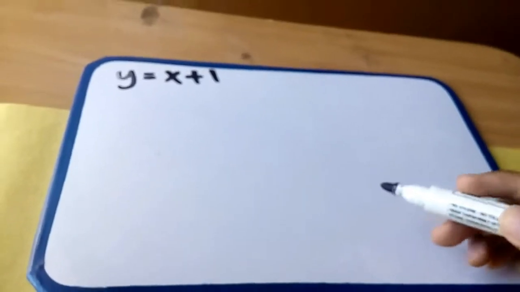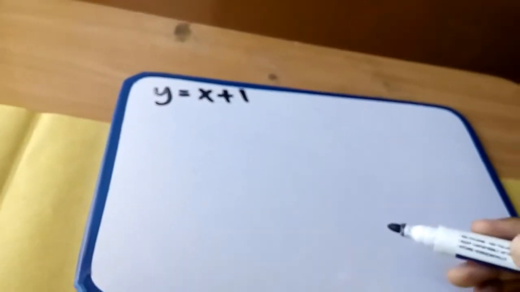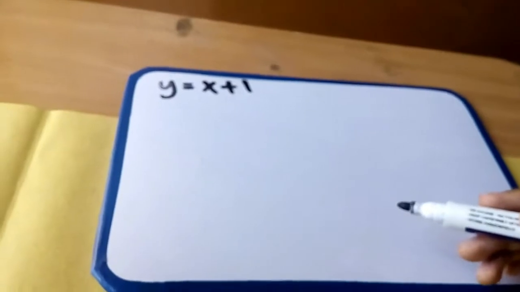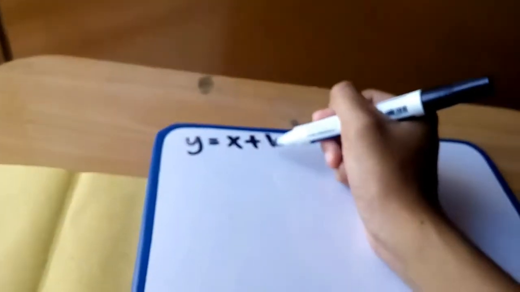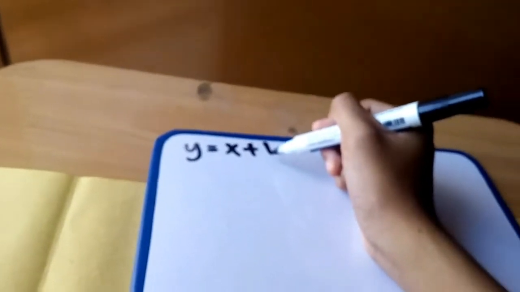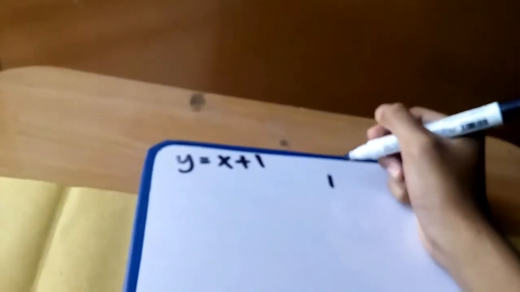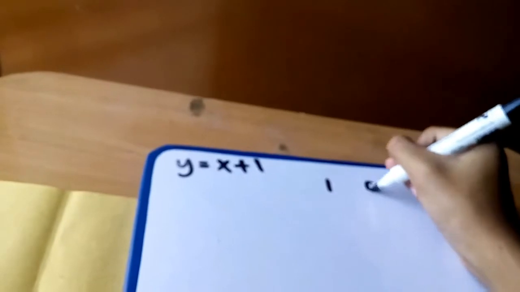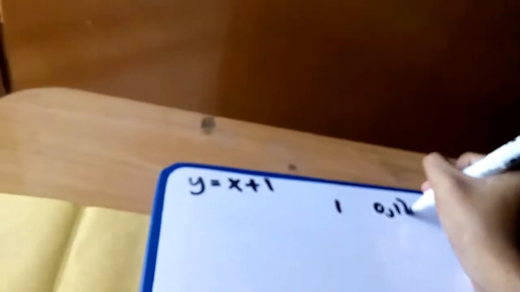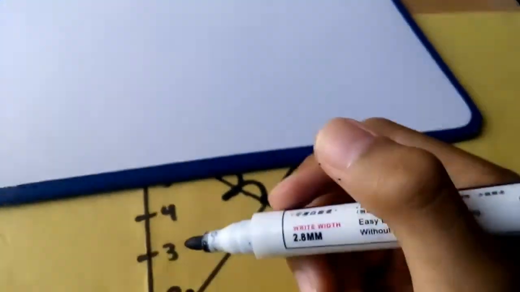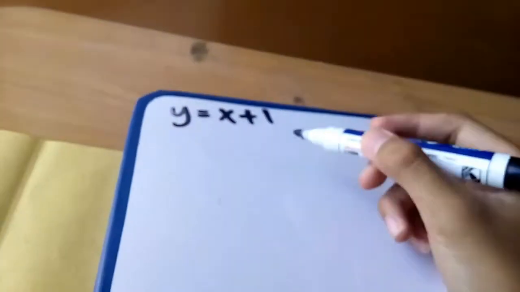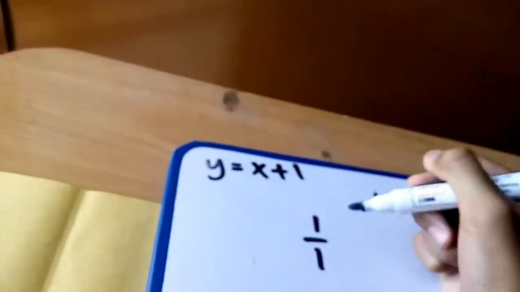So, in graphing the next equation, we just need to do the same thing that we did to the other one. Since the y-intercept of this is 1, we need to start at 0, 1, which is on the y-axis here. Then the slope is 1 over 1.